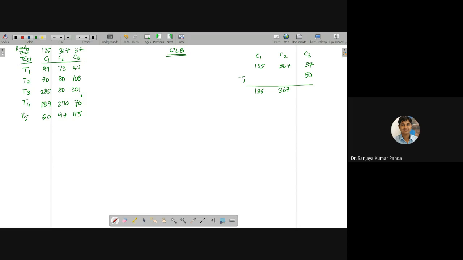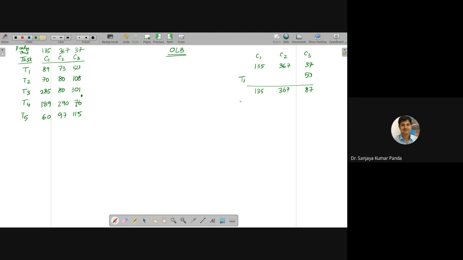We got 37 plus 50, so the ready time is updated to 87. So the first task is now completed. We are not looking at whether 89, 73 or 50 is the minimum; rather, we are looking from the cloud perspective, not the task perspective. That is the main drawback of OLB, which results in a poor makespan.